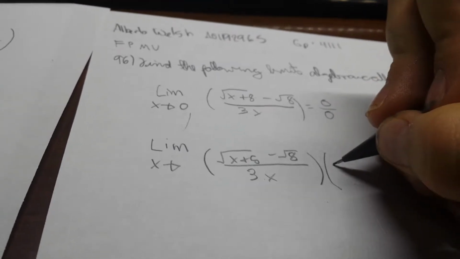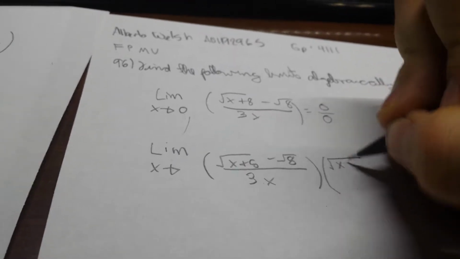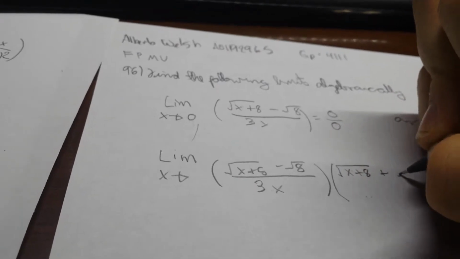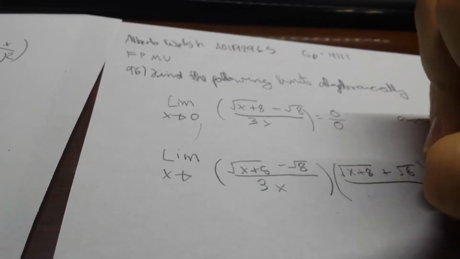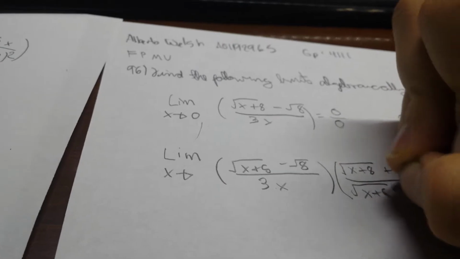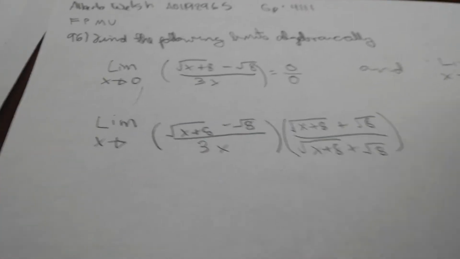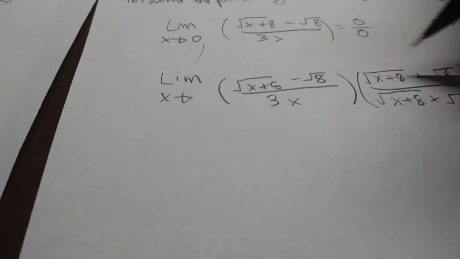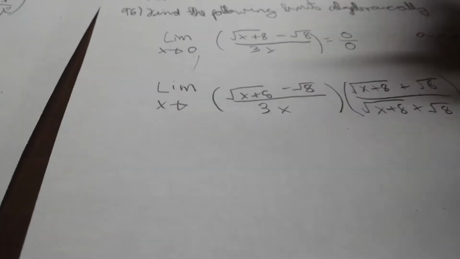The conjugate will be square root of x plus 8 plus square root of 8 over square root of x plus 8 plus square root of 8. And now you will eliminate the 8's and the x's.